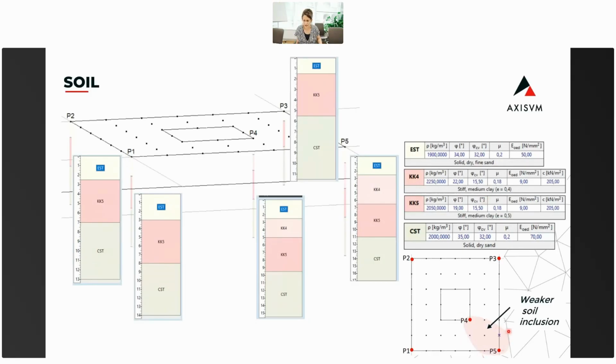I have applied a weaker soil inclusion. It is represented by this KK4 clay layer. Here you can see again that it is not an extremely layered soil, and I intentionally decided on it because I wanted to demonstrate that even a slight effect has an important role in the behavior of the building.